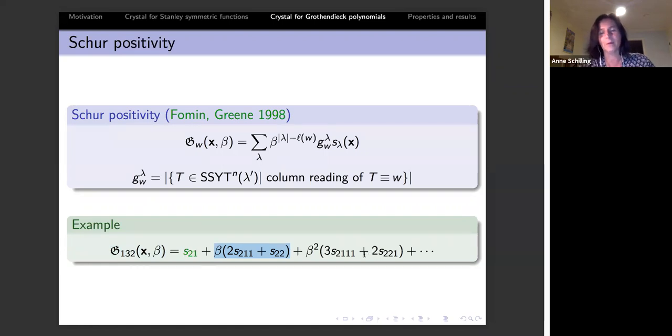And basically what we now want to do is put a crystal structure so that we can also explain these terms. This constant term we get from what we discussed last time, because these would correspond to reduced words, and the crystal for reduced words is the one for the Stanley symmetric functions. So this we already understand, but we also want to know about these higher order terms. That's what we are going to do today.